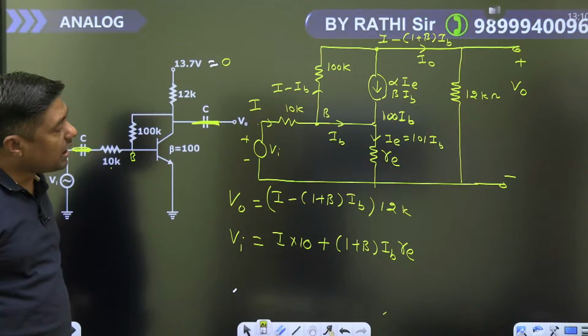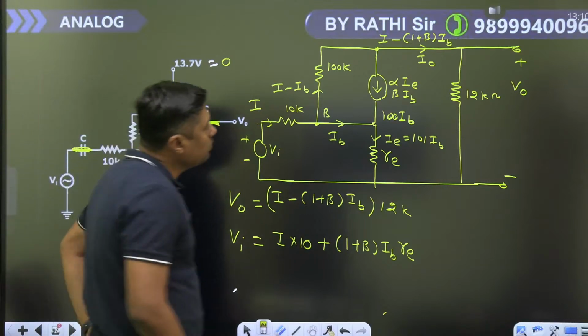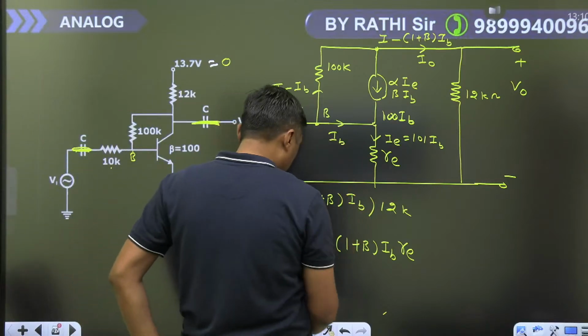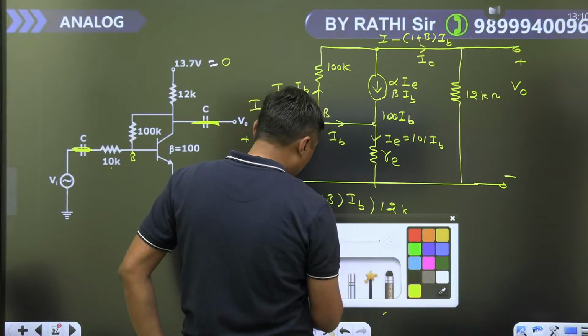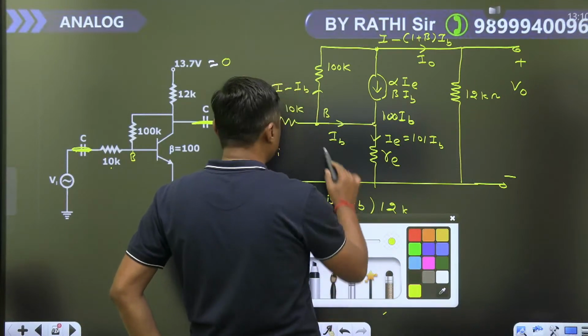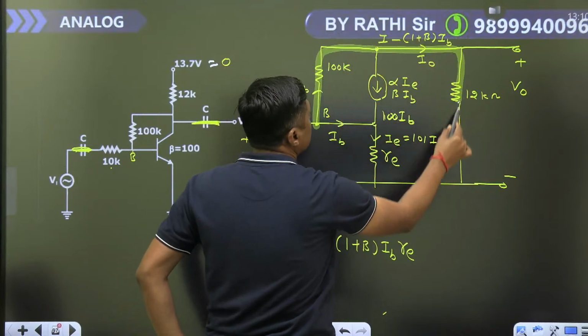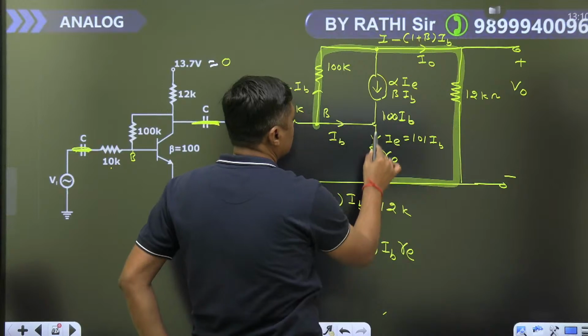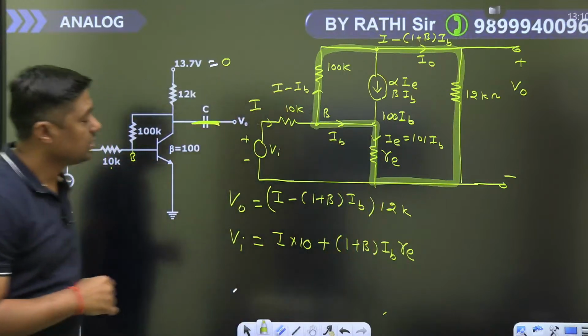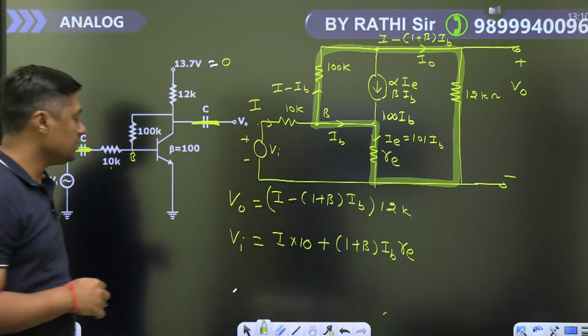You can start from this point and write down the KVL, if you are not going to use Miller's theorem. Otherwise, with Miller's theorem, it will become very easy. This is the KVL. Write down the KVL here.